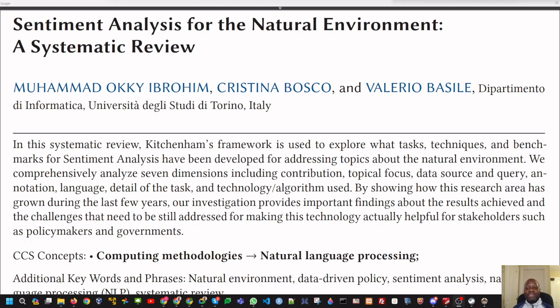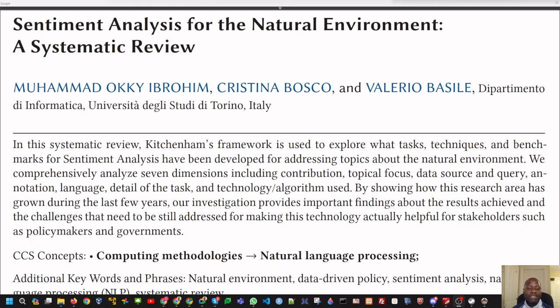They are, of course, looking at the growth of the research area on sentiment analysis for the natural environment within the last few years, and the findings are expected to be significant, especially with respect to exposing what has been achieved and the challenges that still need to be addressed.